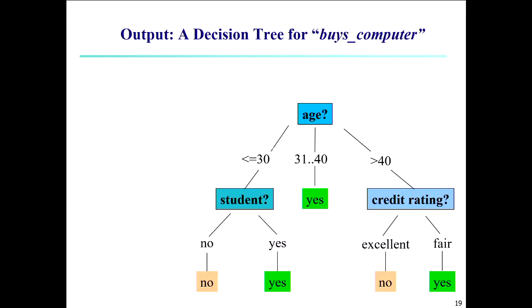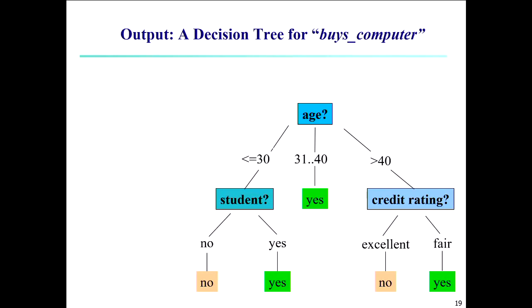So for a decision tree, what you will finally see is a tree structure. And for a tree structure, we need to know what a node represents and what an edge represents. A node can be categorized into external node and internal node.